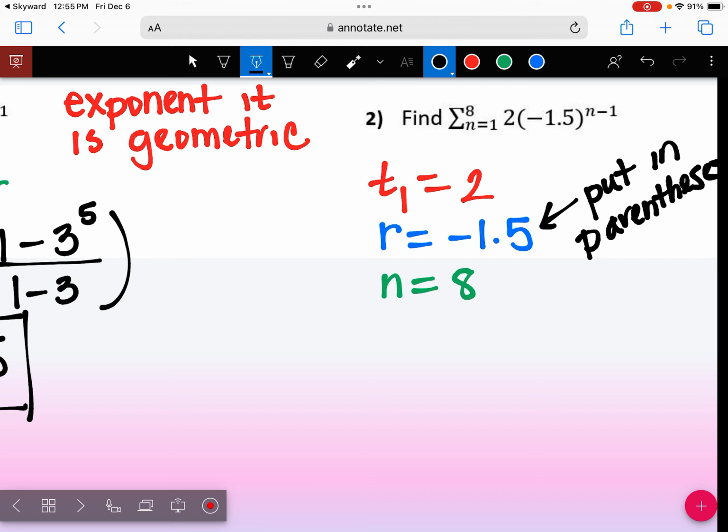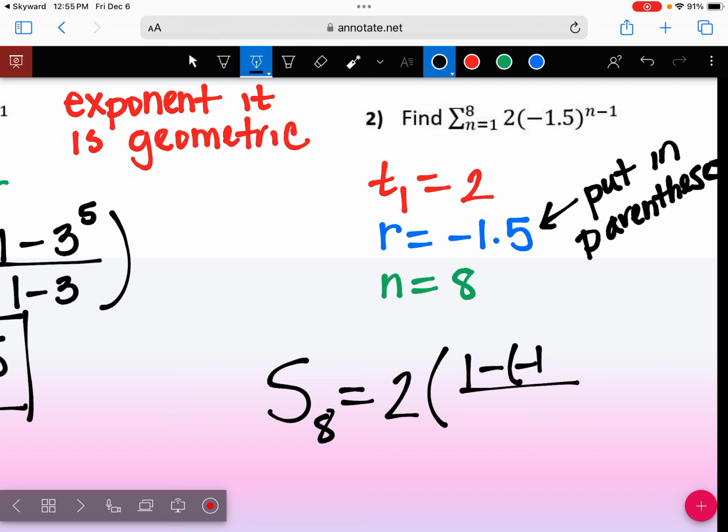You only have to do that when R is negative. I ran out of space, but that's what I was trying to write. So in your calculator, you're going to type in the sum of these 8 numbers is going to equal T1 times 1 minus negative 1.5 to the power of 8 over 1 minus negative 1.5.